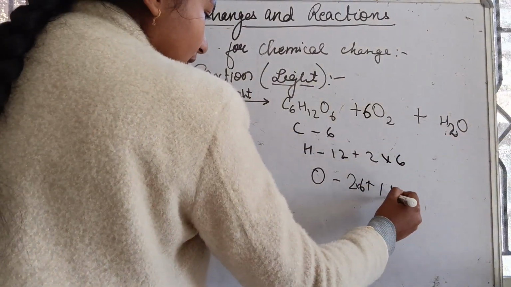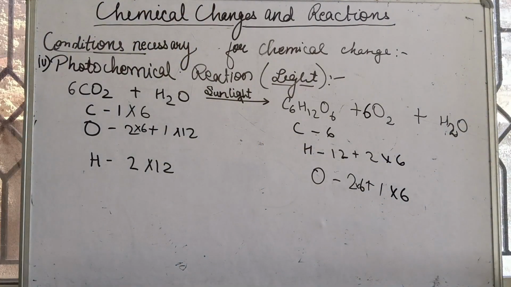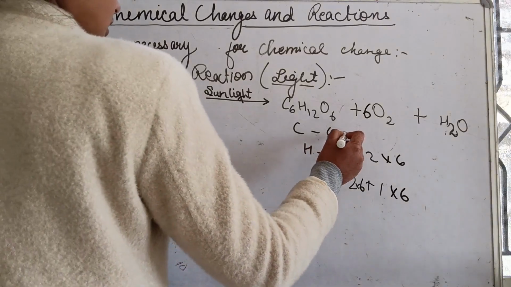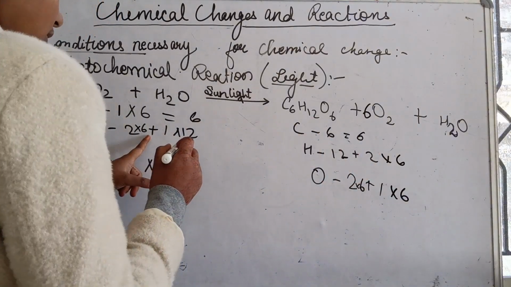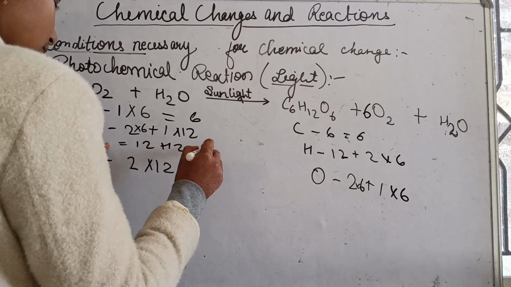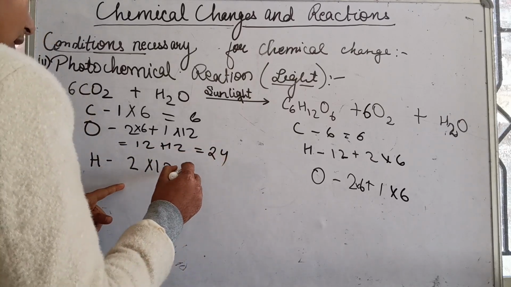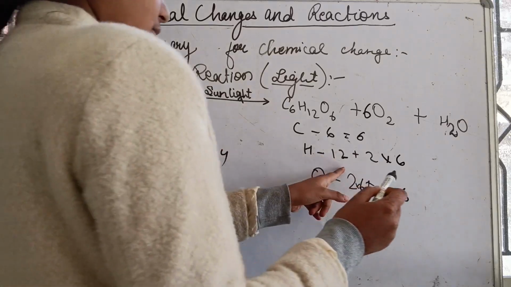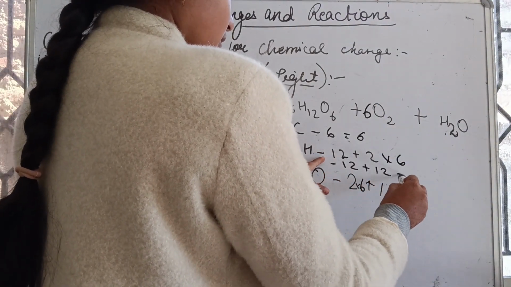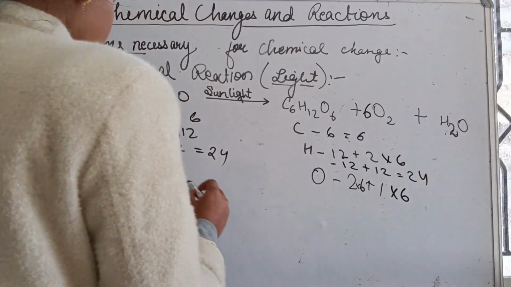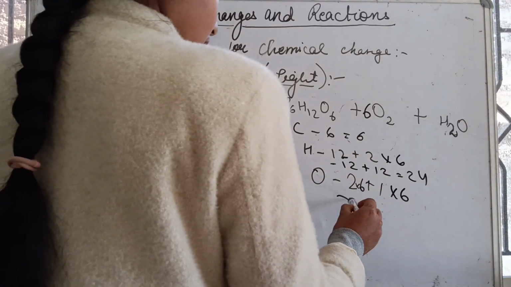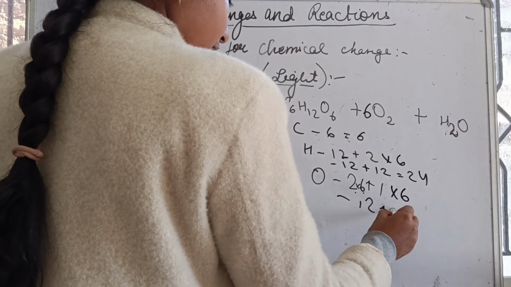Here if we are multiplying by 6, so here also it will be 6. Now check: 6 plus 12 plus 12 is equal to 24.